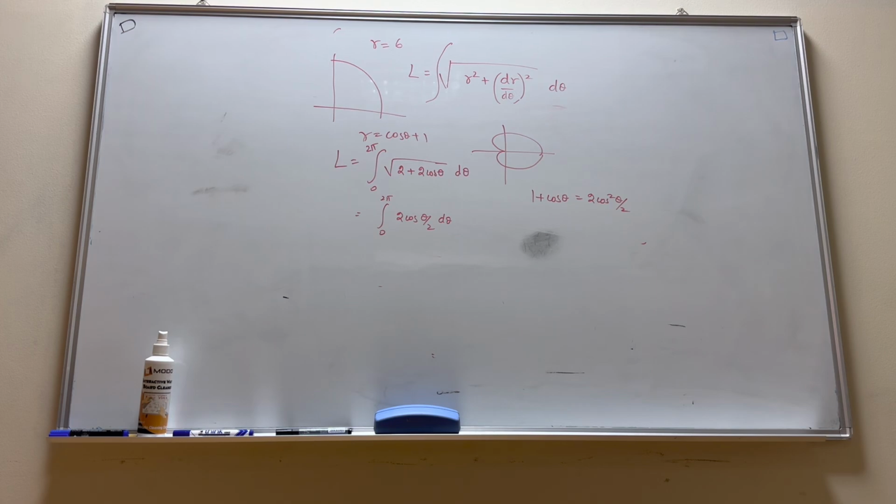And then that goes from 0 to 2 pi, which then gives us... Why is it coming out to 0? It might come out to 0. Oh, wait. I did it wrong. It's because it's negative.